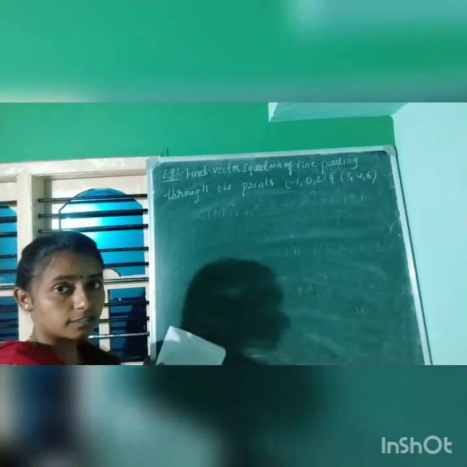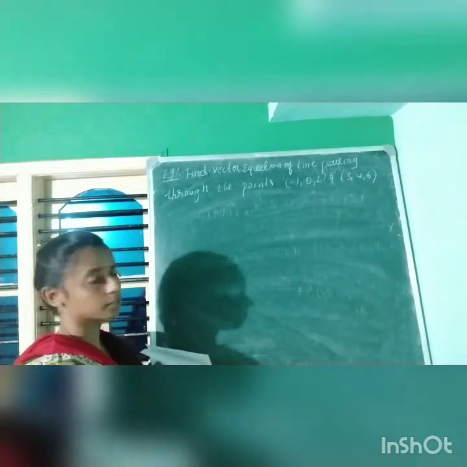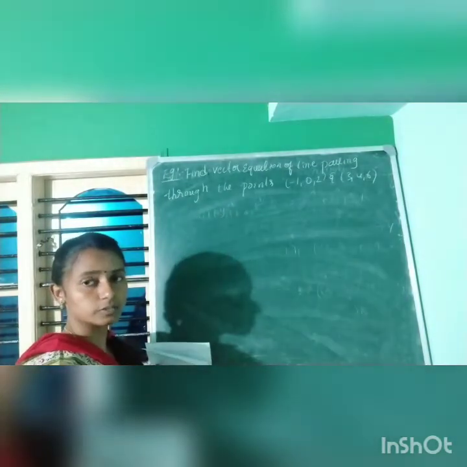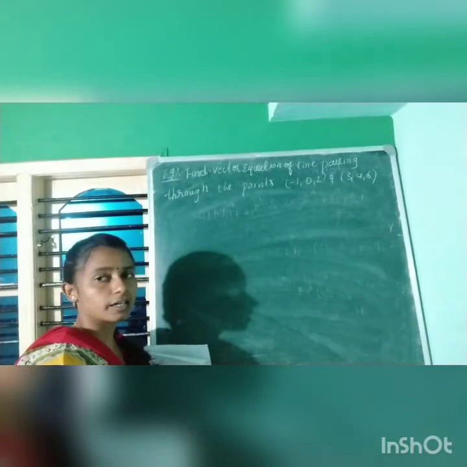You can consider the first point as A and the second point as B. You just write them in ijk components and substitute in the vector form. That will be the required equation of the line in vector form.